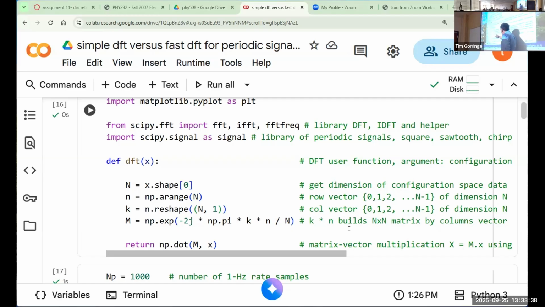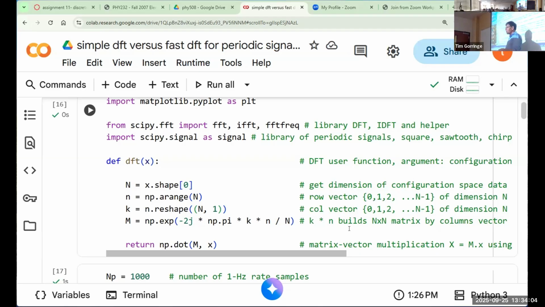Once I've got the matrix M, we said that to get the frequency domain data, uppercase X, I've just got to multiply together the matrix M and the time domain data, lowercase x. And I'm doing that with a NumPy function. This dot is a NumPy function. The arguments are the two things that you want to multiply.